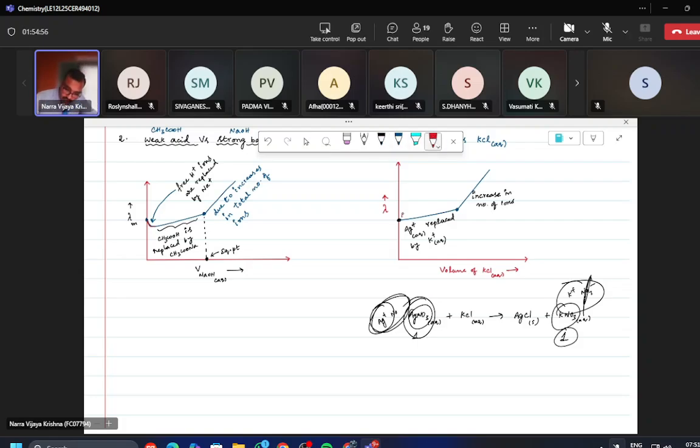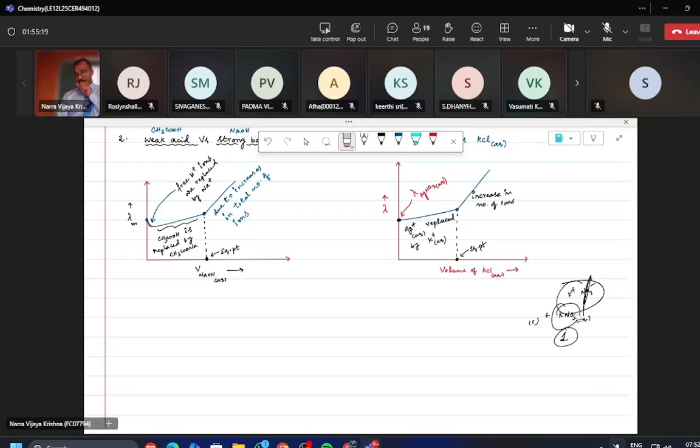And this is due to lambda of AgNO3. What about this point? This point is the equivalence point. Is it clear, sir? Right?